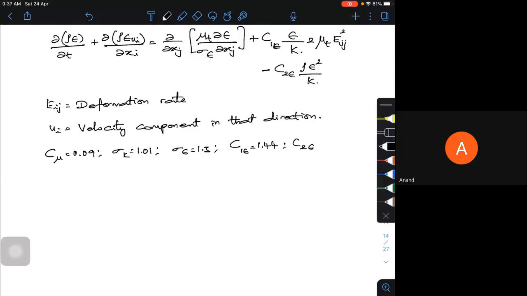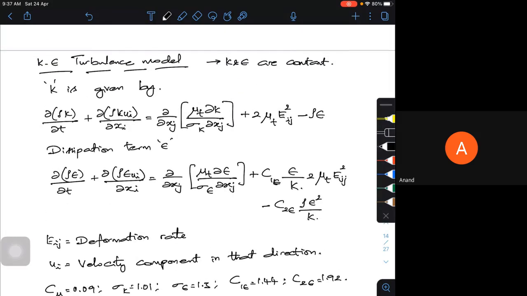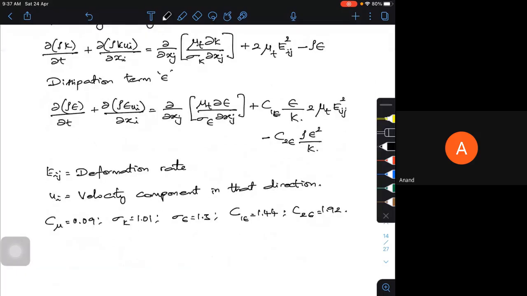C_2ε is found to be 1.92. So these are the values proposed by the people who proposed this k epsilon model and gave this equation. This constant has been found maybe through experimentation or through some kind of trial and error.